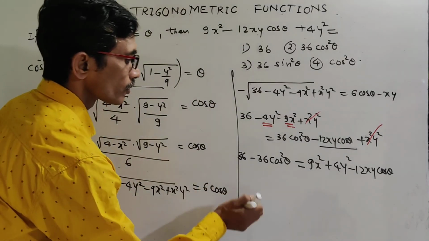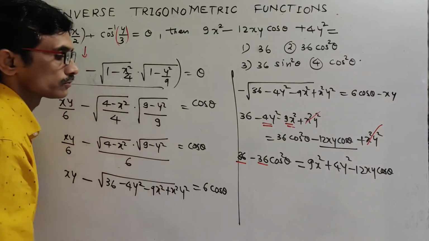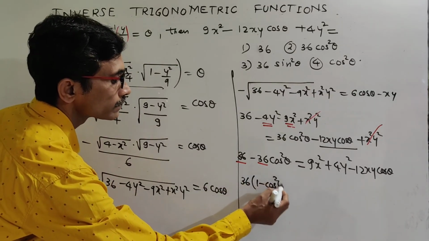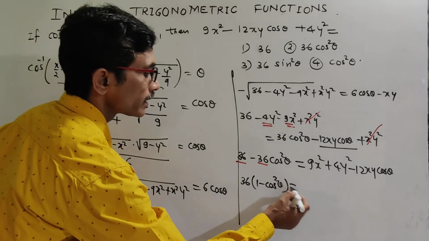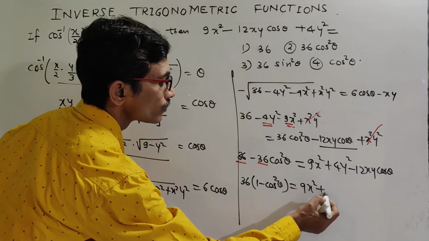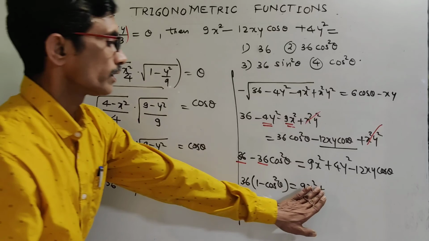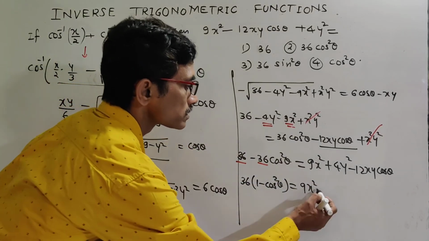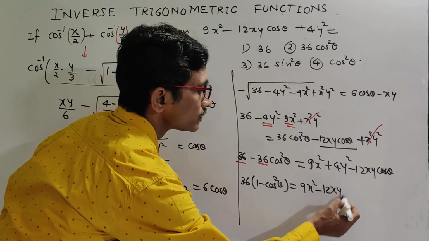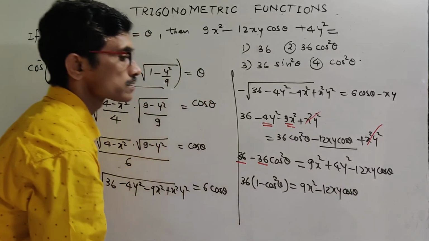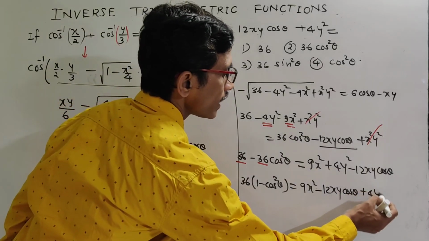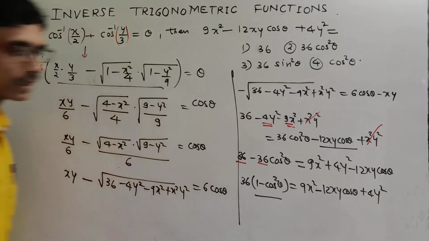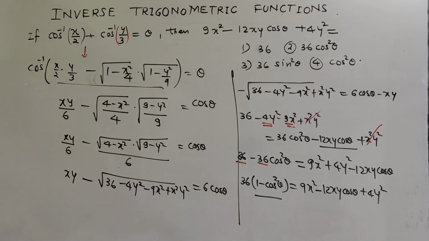We take 36 common from here, so it is 36 into 1 minus cos square theta, and the right hand side is 9x square, 4y square, with the middle term minus 12xy cos theta plus 4y square. So 1 minus cos square theta will give us sin square theta.